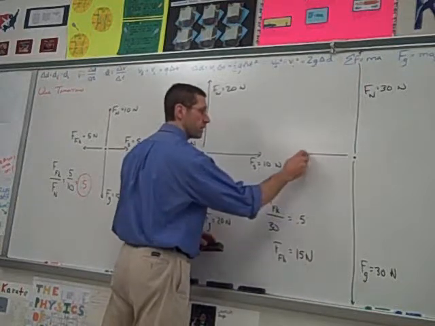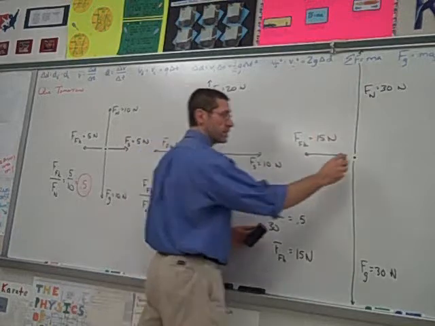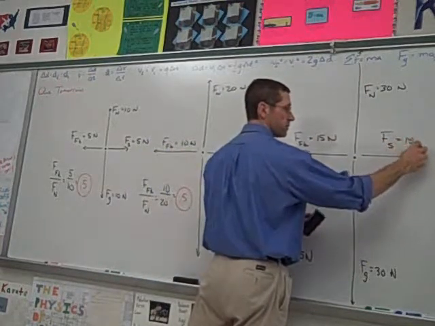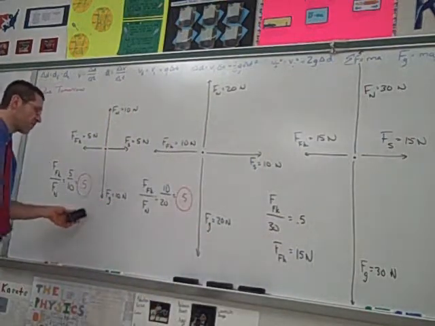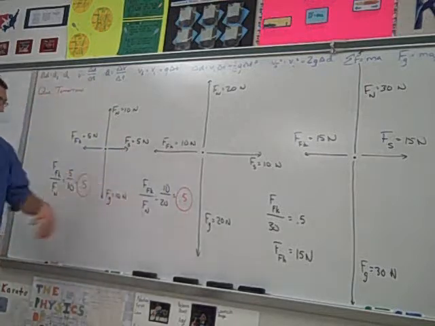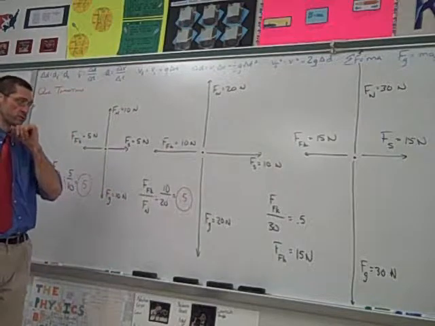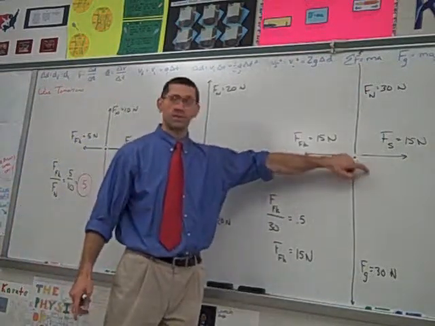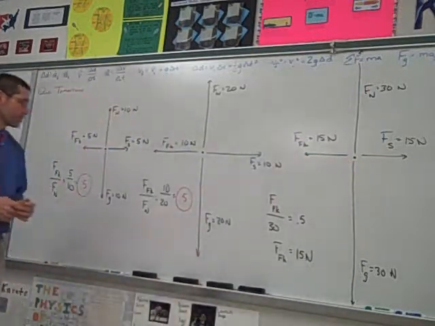And if it's 15, then that means I'm going to need to apply with my scale 15 newtons. So by doing an experiment, I was able to find that the friction to the normal force relationship is that the friction is 1/2 of the normal force for those 2 surfaces, and then I can apply that knowledge and make a prediction about how much force I would need to move it at a constant velocity.